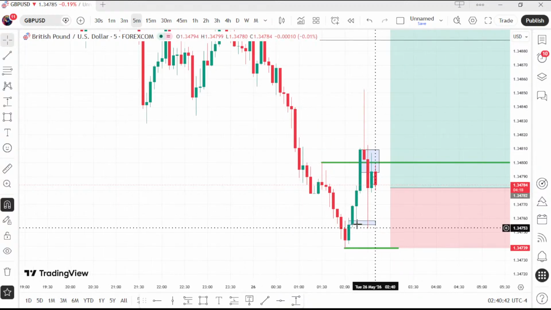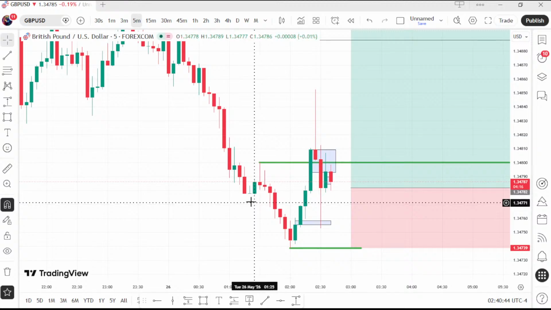See buy side and sell side. Now price is like, which are you going for first?